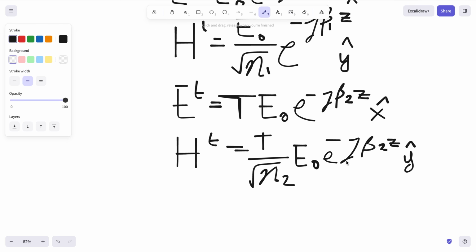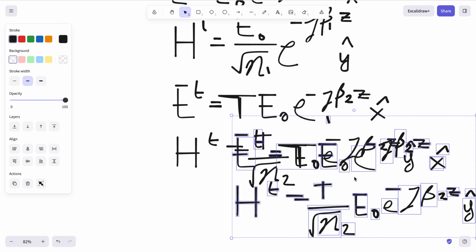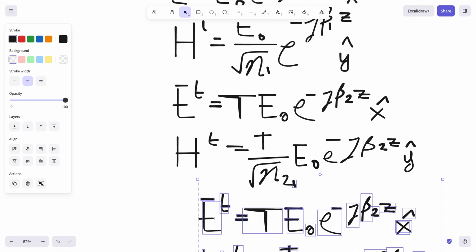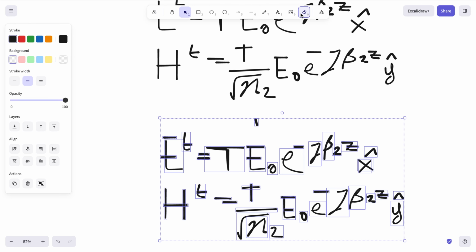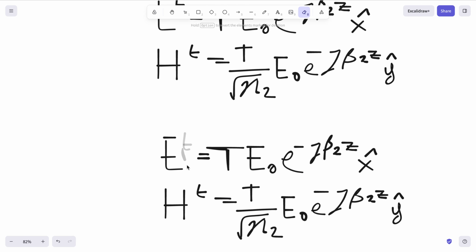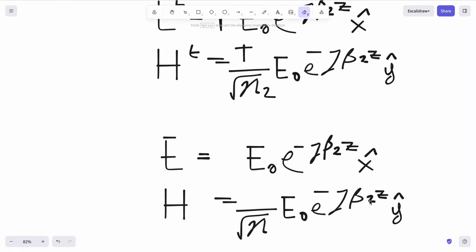And then the reflected components will be pretty similar. In this case, because it's in media 1 instead of media 2, like with the transmitted case, we'll have beta 1 and nu 1.